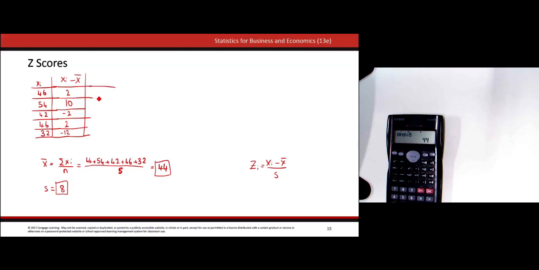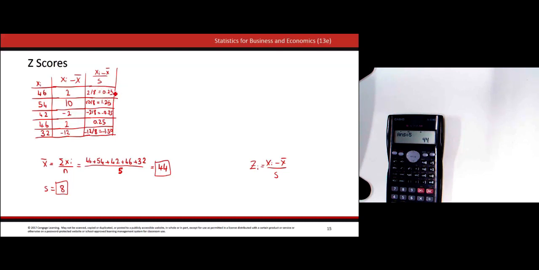Now we divide this by the standard deviation, which is 8. Which is 2 over 8, 0.25. 10 over 8, 1.25. -2 over 8, -0.25. -12 over 8, -1.5.